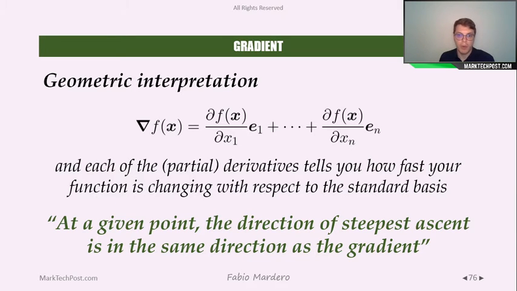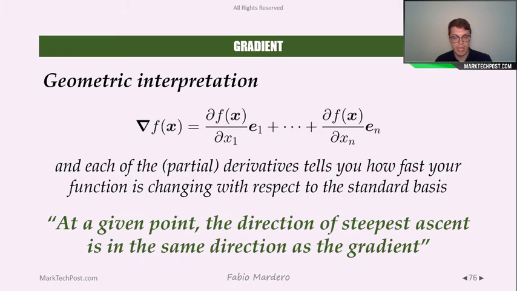So at a given point, the direction of the steepest ascent is in the same direction as the gradient. Why? Because of the derivative. In a univariate function, the steepest is the slope of the tangent line.